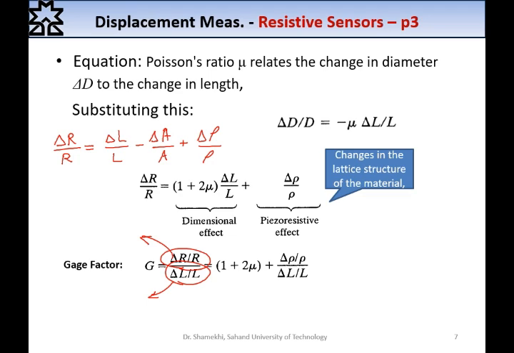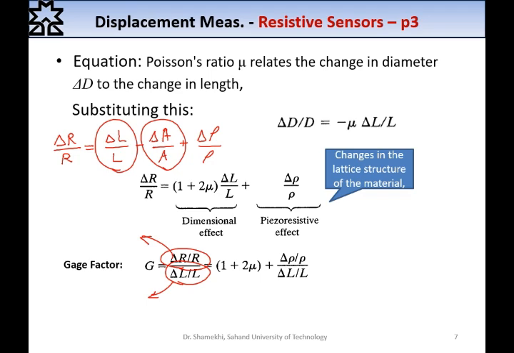We want to measure the results of the displacement as a variation in the resistance value, as the gauge factor. Therefore, we should convert the variation of area to the variation of length.